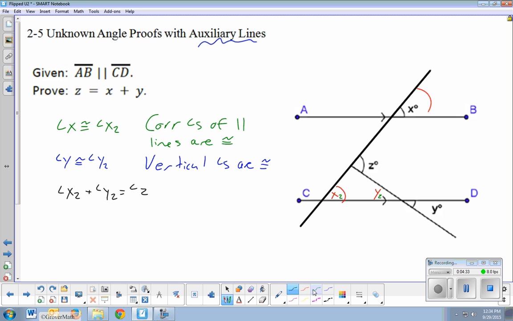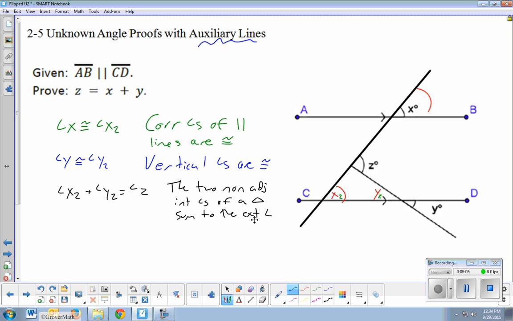Because of the exterior angle concept that we've discussed. So how do I want to phrase that? Let's say that the 2 non-adjacent interior angles of a triangle sum to the exterior angle.